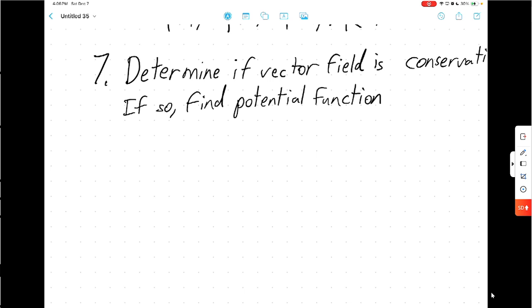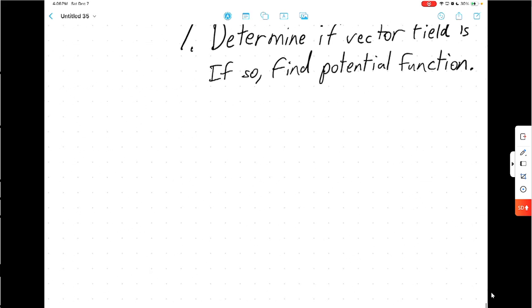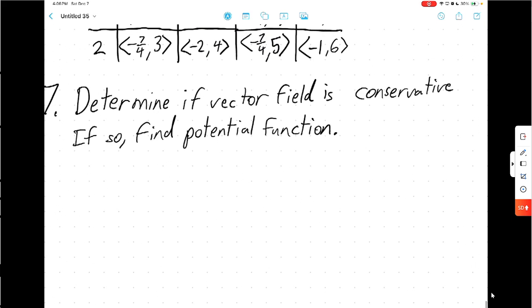By conservative, they mean like a closed circle or something, right? Conservative, I think, is just going to be using the definition. So we're going to check the partial derivatives.